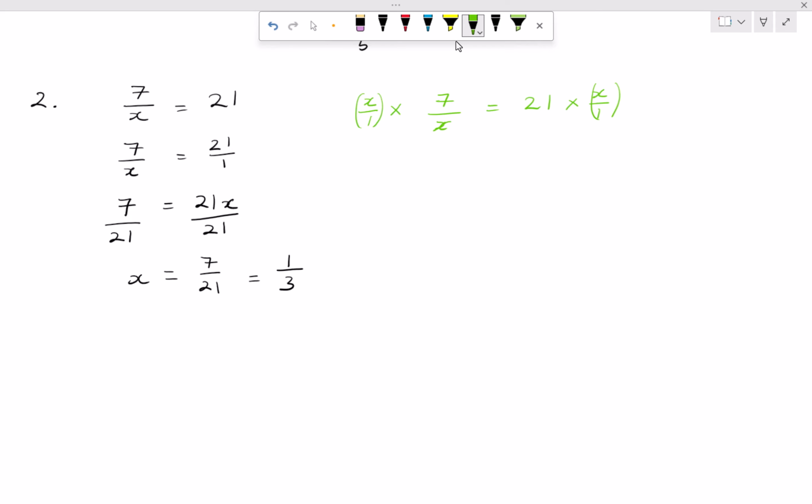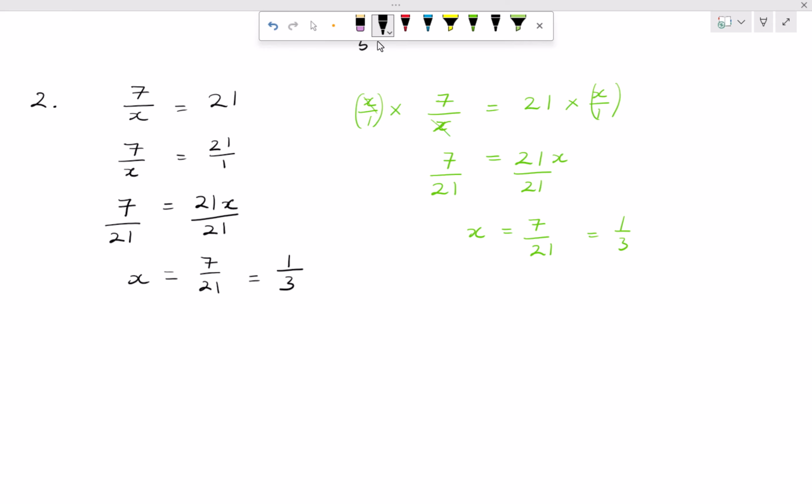So at the end of the day, this cancels out with this, and we're left with 7 is equal to 21 times x, which is 21x. Then we divide by 21 and we get the same answer. So you just do what works better for you. However, we get the same answer, and I prefer to cross multiply because it is much easier, especially when the equations are a bit complicated.